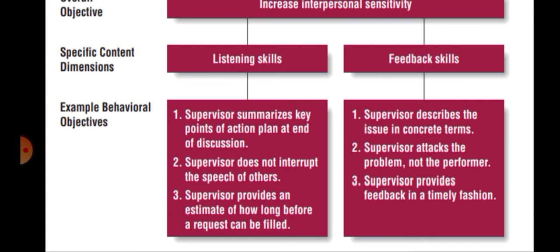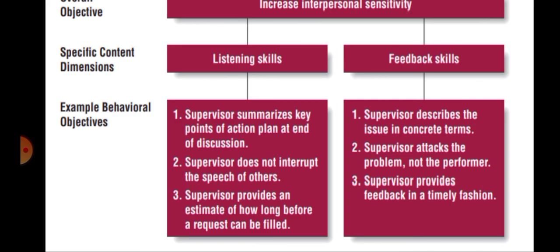And then for feedback skills, supervisor describes the issue in concrete terms. Number 2, supervisor attacks the problem, not the performer. That is always a problem: we tend to attack the performer, not the problem. Supervisor provides feedback in a timely fashion. I think this is all self-explanatory.